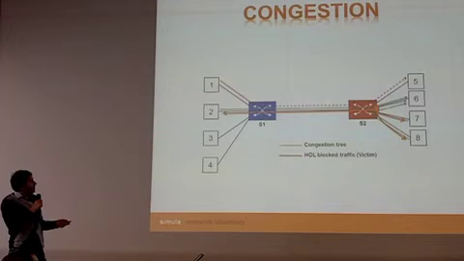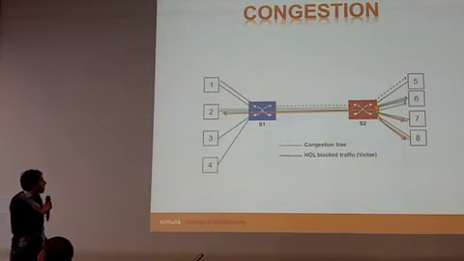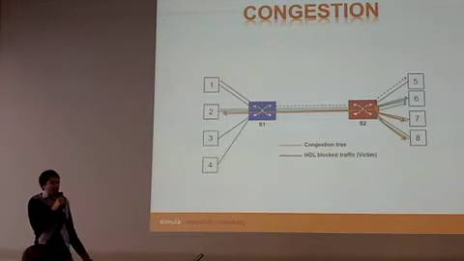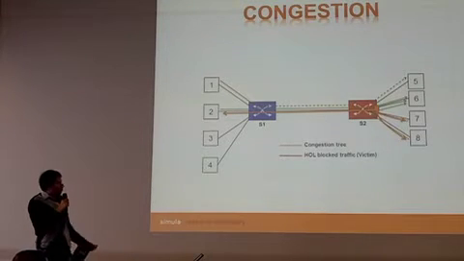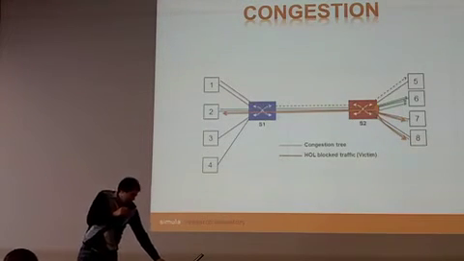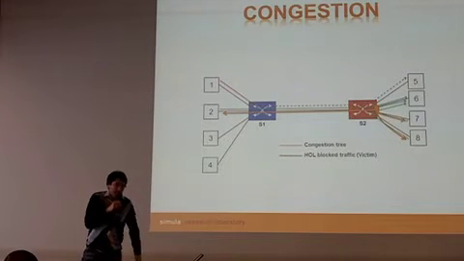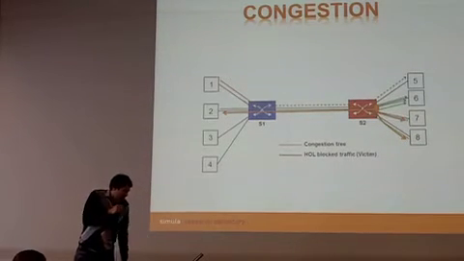Now remember that this link is a QDR link. That means the path from 1 to 5 should be able to send at the full DDR capacity of host 5. But due to the head-of-line blocking, this will not happen. Because now the flow from 1 to 5 will be a victim of the same congestion tree as the other flows.